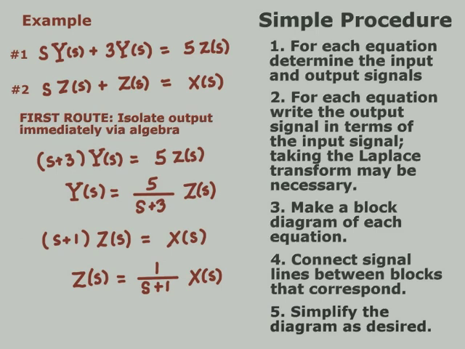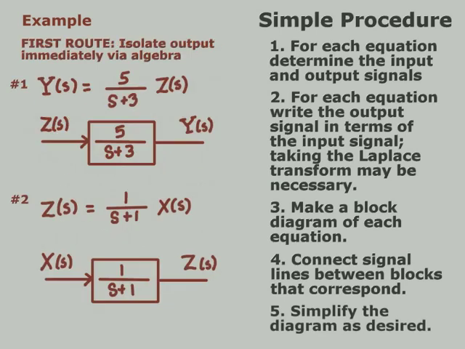In our first route, we'll immediately find the outputs of each equation in terms of the input. So, for the first equation we find Y(s) equals 5 over (s plus 3) times Z(s). And for our second equation we find Z(s) equals 1 over (s plus 1) times X(s).